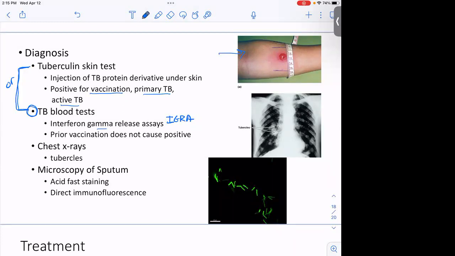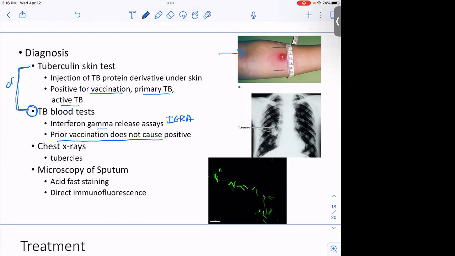So if they find the interferon gamma, then we can say, oh yes, either you have primary TB or secondary TB. The advantage here is that prior vaccination does not cause a positive result. So it's a little bit better in that way, although it is expensive.